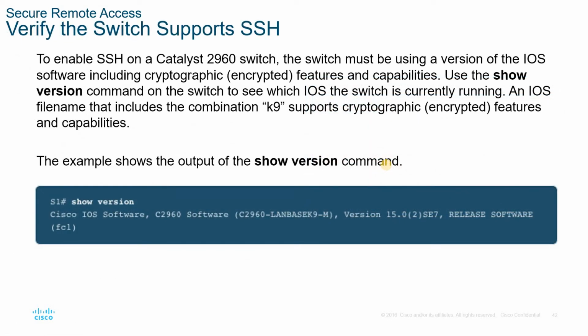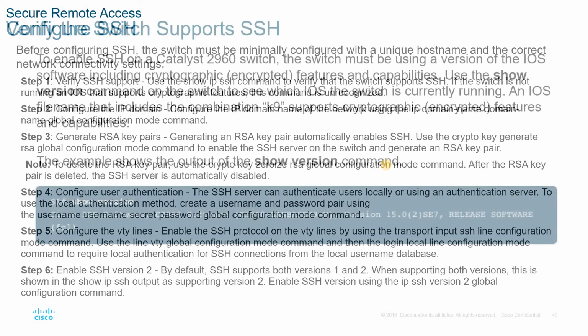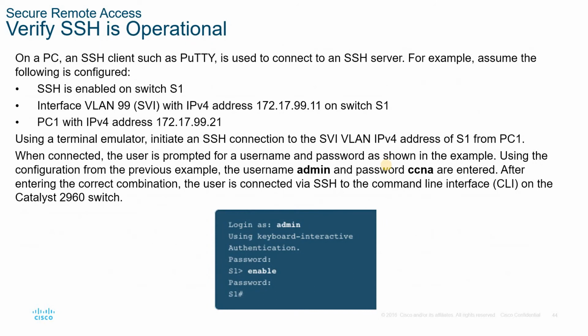So next, we have the show version. Okay, so ginamit na natin yung show version a while ago. Alright, so let's now proceed with the configuration of SSH. Ayan. Okay, so ito yung procedure natin, guys. So we're gonna use our dummy packet tracer file a while ago to enable SSH on S1. Alright.